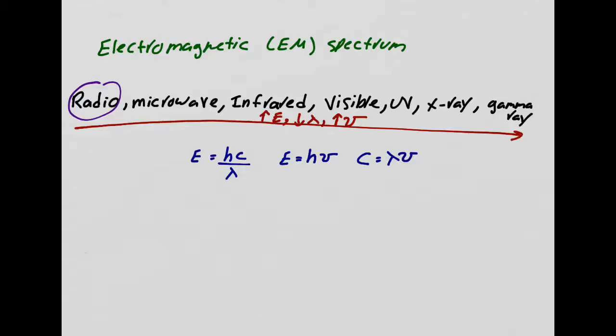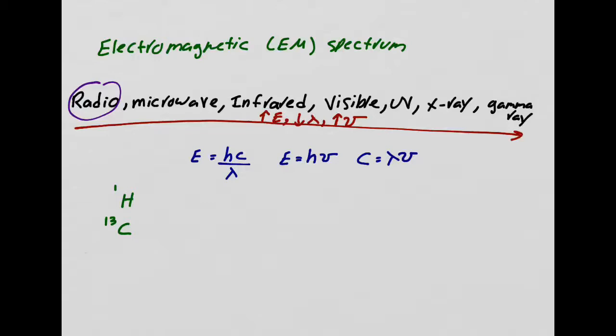So I said it's just enough to change the nuclear spin of some element. The two elements that we are interested in are proton and carbon-13. Those are the isotopes that we are interested in for NMR.